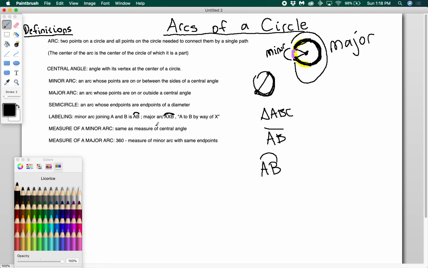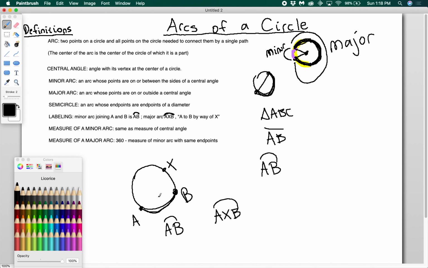One note here is, let's say I have something that looks like this. So I have 3 points. I have A, I have B, and I have X. Okay. The minor arc joining A and B, I would just write as arc AB because it's just this little piece here. But because I also have this major arc that joins A and B, I would write it instead as arc AXB.